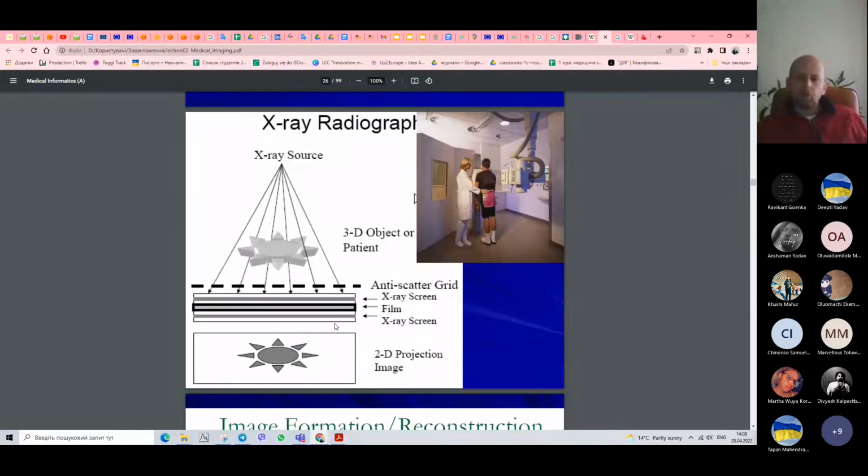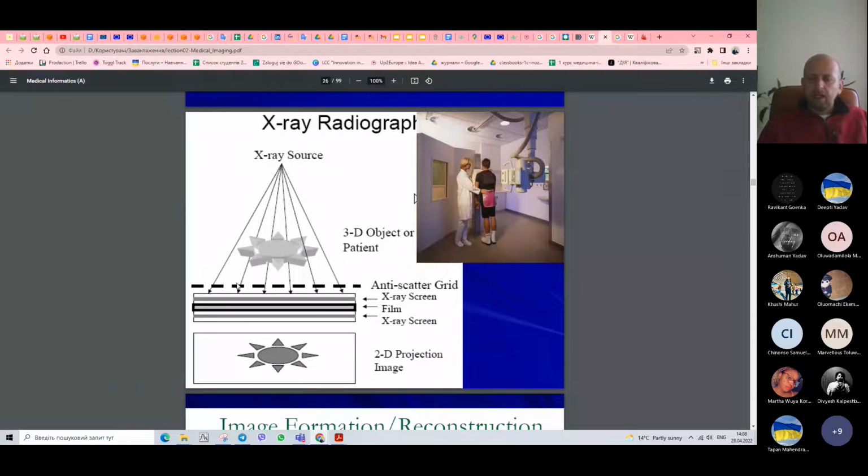This means our body has the property of absorbing X-ray, and the sensors detect the amount of energy which comes after penetrating the body. Sensors or film, this depends on whether it is a digital or film principle of the X-ray machine.